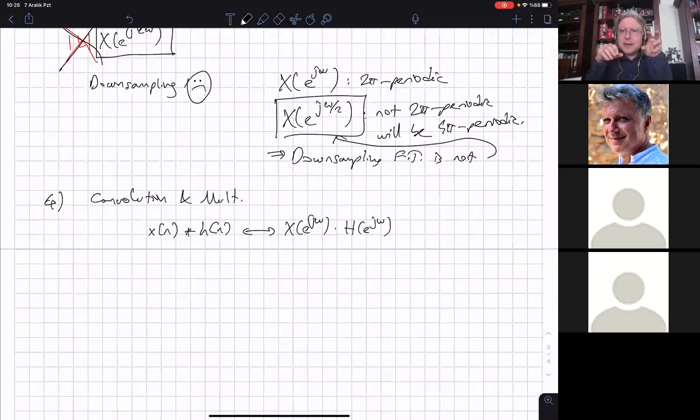If you have x of n, its Fourier transform is capital X of e to the j omega. And here at the right-hand side, it is continuous time and periodic. So we don't really have anything that relates that continuous time and periodic signal with this discrete time normal signal, not necessarily periodic. So the duality does not work that way, but it works as the discrete time Fourier series coefficients of this continuous time Fourier transform shape.